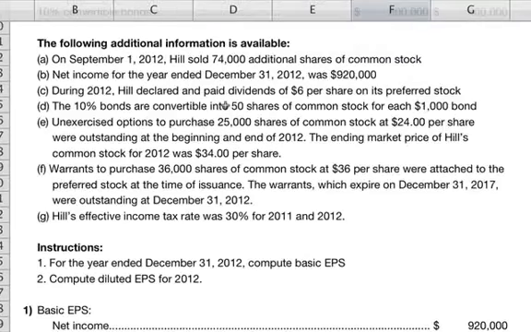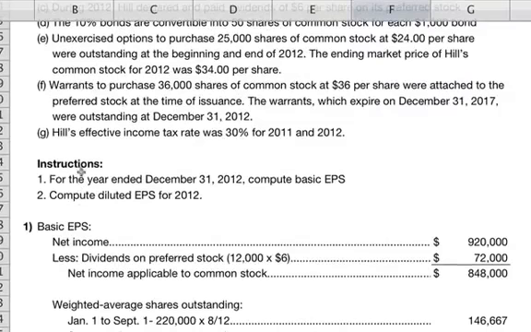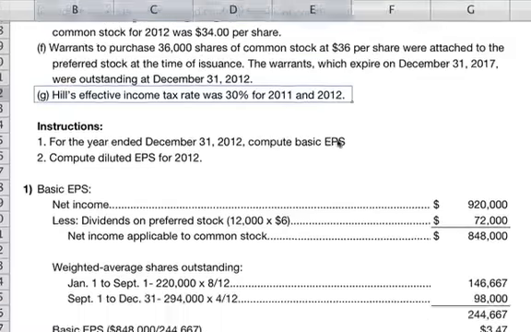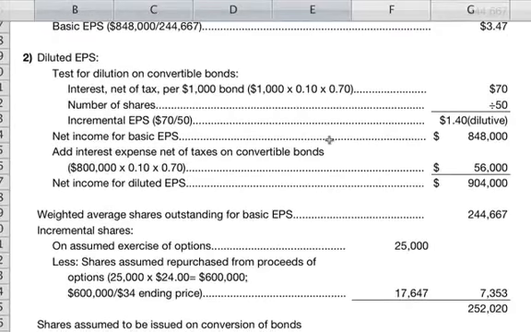Hill's effective income tax rate was 30%. So you have a $1,000 bond times 10% interest, but then you multiply that number by 70%, and it's paying out $70 in interest per bond.